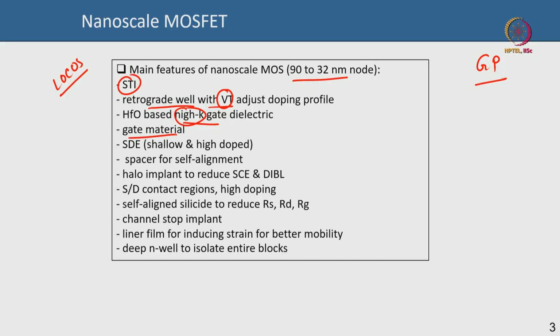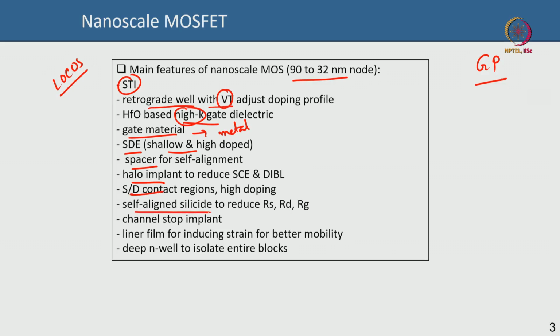People have moved from polysilicon gate to metal gate, again for reasons that we will discuss. People have source drain extension. These are like the source and drain regions are extended slightly and they are very highly doped. People use spacer for self alignment. All these things will become clear as we discuss in an image going ahead. There are things like halo implant to reduce short channel effect, to engineer the doping profile, and high doping in the source drain contact region.